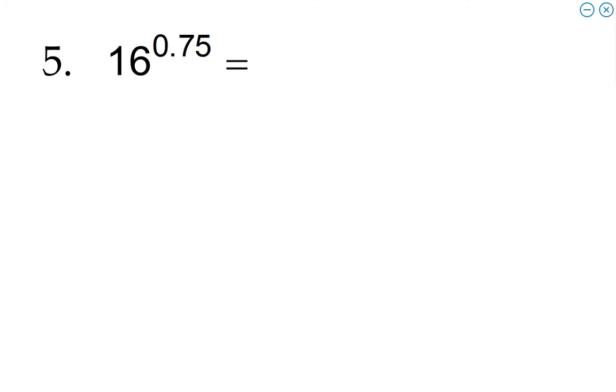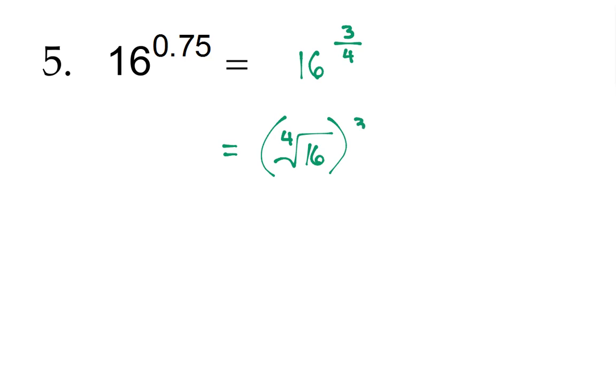Now this one again is not entirely obvious if your number sense isn't that great, but you know that 0.75 as a decimal is the same as the fraction 3/4. Like if you had 75 cents, you have 3/4. This is a 4th root of 16, and then I'm going to get that result and cube it. I don't know 16 cubed, 16 to the power 3, in my head, so I'm not going to go that way.